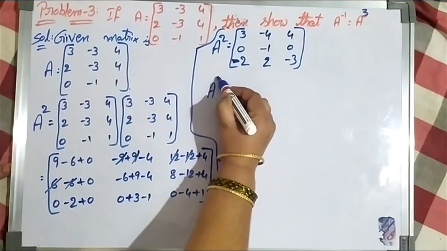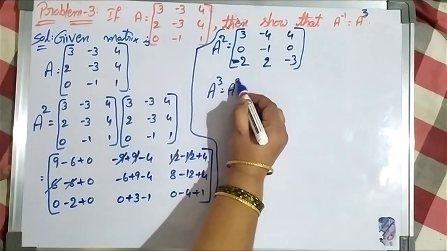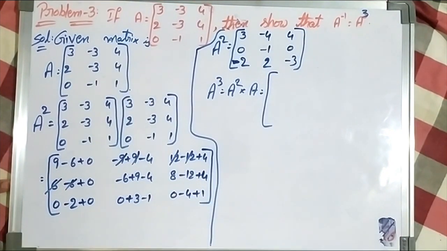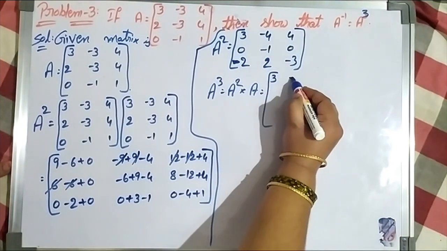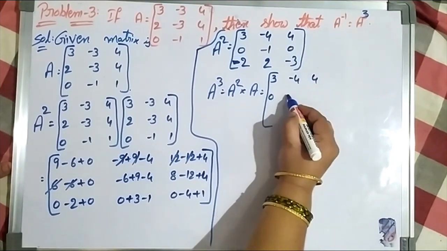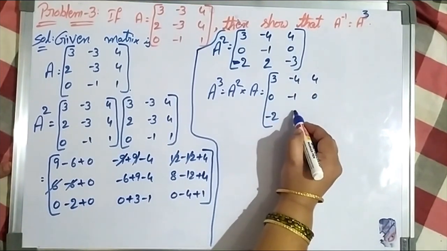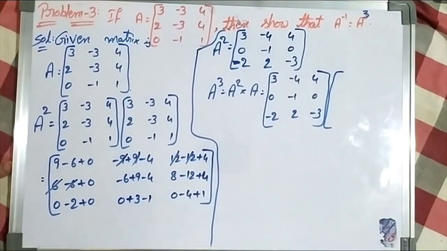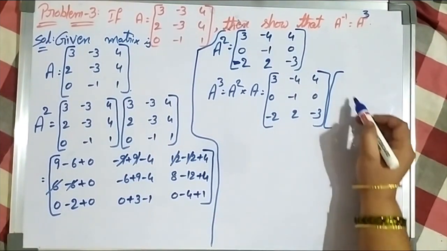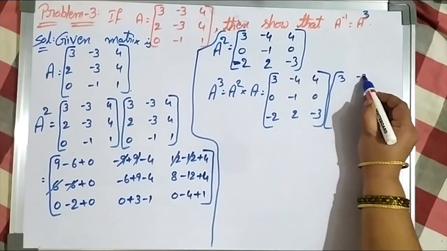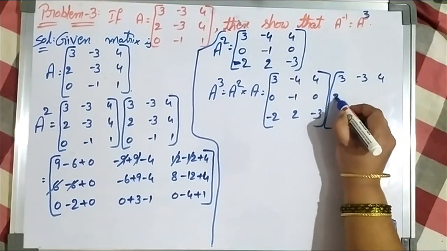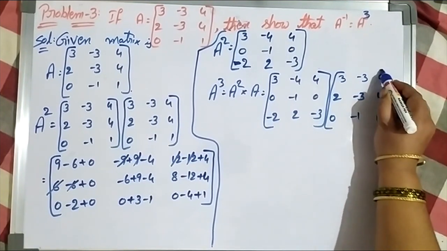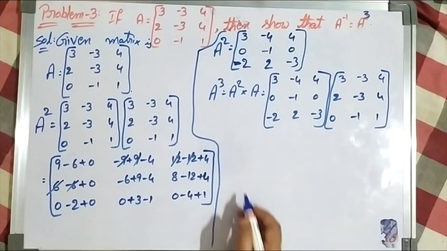Again, A cube equals A square into A. That is equal to the A square value, [3, -4, 4; 0, -1, 0; -2, 2, -3], into the A value, [3, -3, 4; 2, -3, 4; 0, -1, 1]. This is the A value.